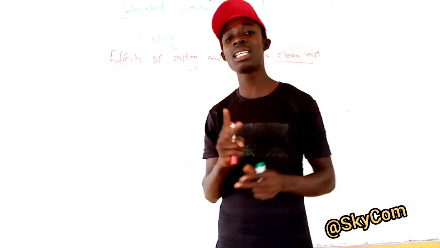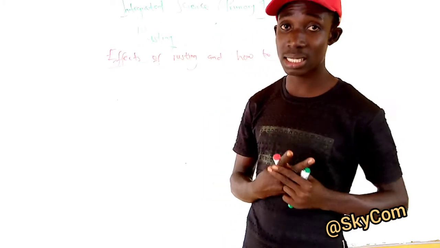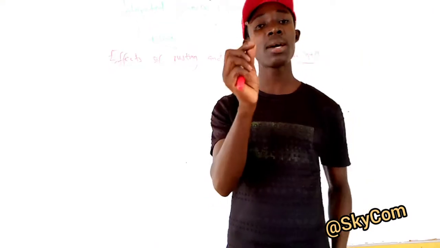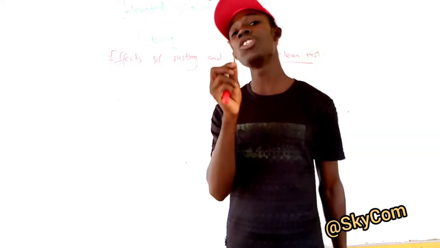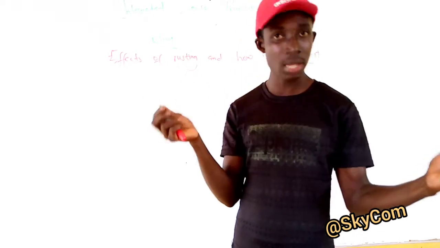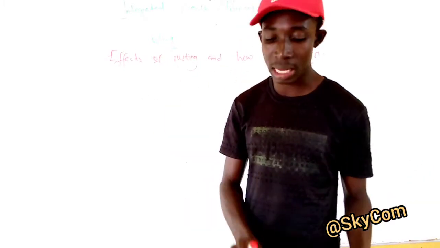These are the two things that actually cause things to rust. So if you have a nail and you keep it in your room, this nail is not going to rust.